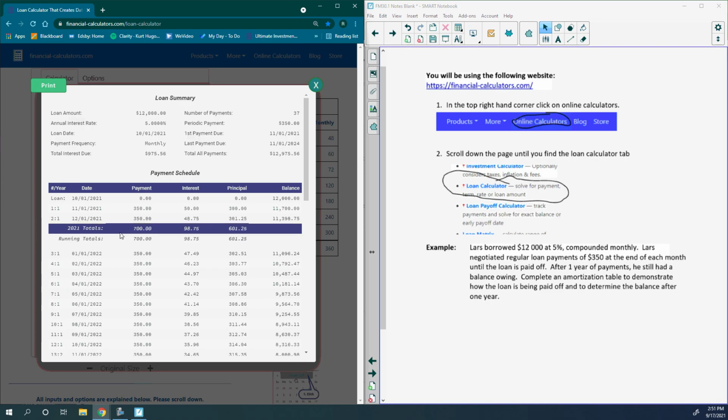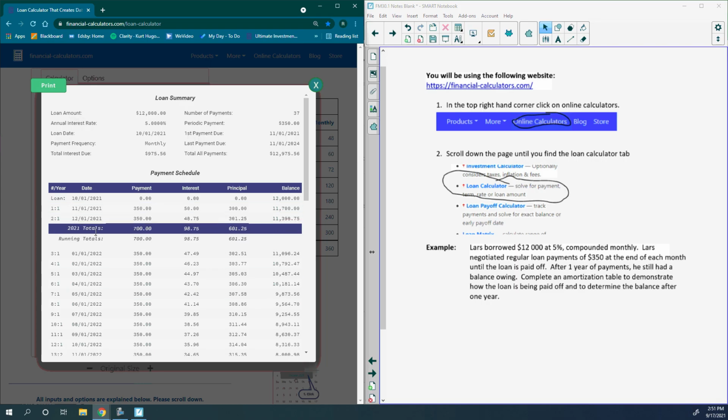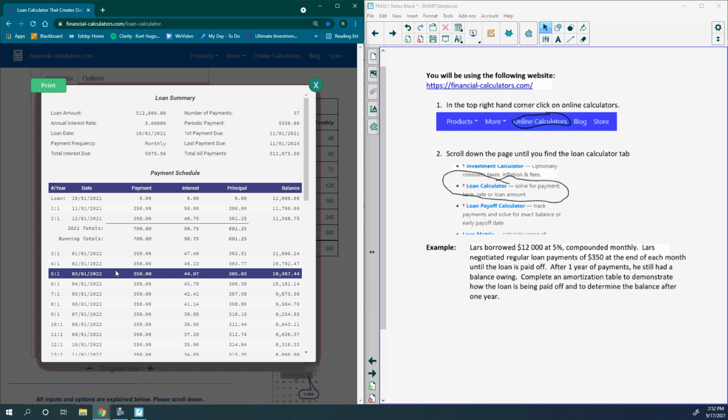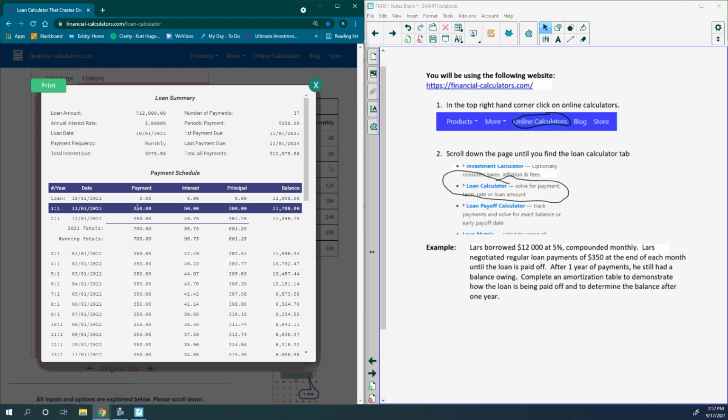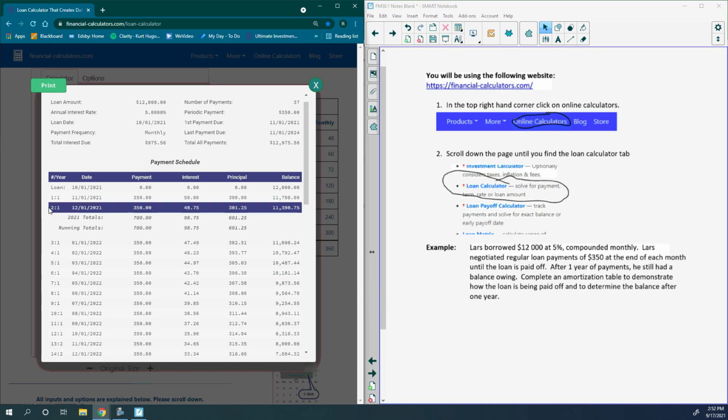What you see is each payment, in our case each month, is $350, and then it tells you what's going towards the interest that's accumulating and what's going towards the principal. We are concerned about 1 year, so I am looking for the end of 1 year.